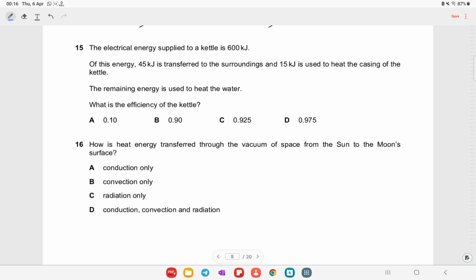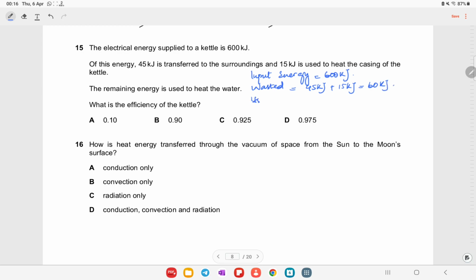Now you need to find the efficiency, and we know efficiency is the useful work over total input or total work. So first of all, we will check what the input energy is, and the input energy will be 600 kilojoules. Then there is wasted energy, and that is going to be 45 kilojoules plus 15 kilojoules, which ends up at 60 kilojoules.